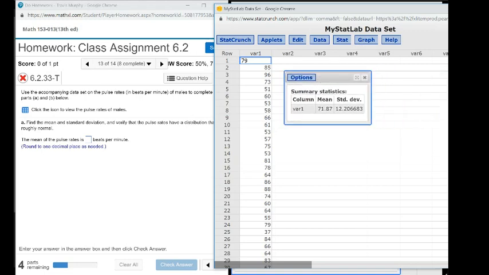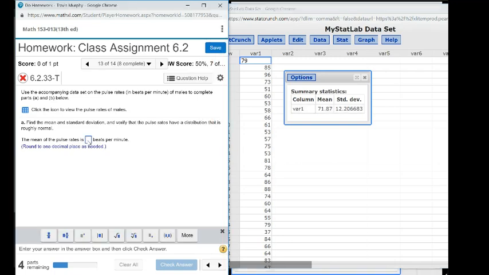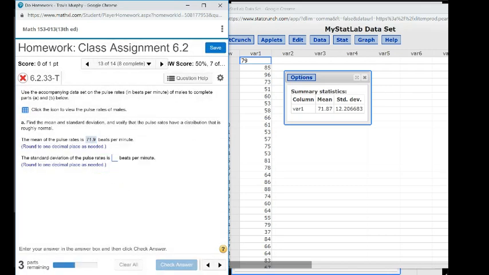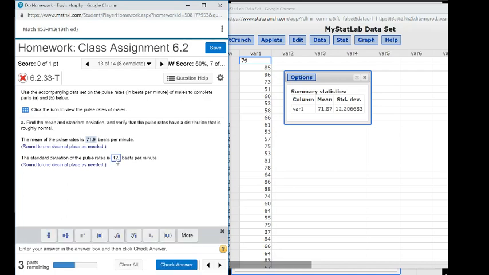And it gives us 71.87 and 12.21. So the mean of the pulse rates is 71.87. It says round to one decimal place, so 71.9. Standard deviation, one decimal place, so it looks like 12.2.